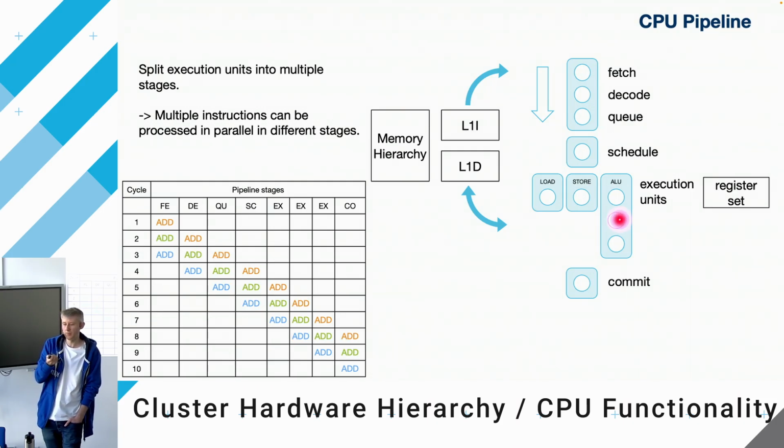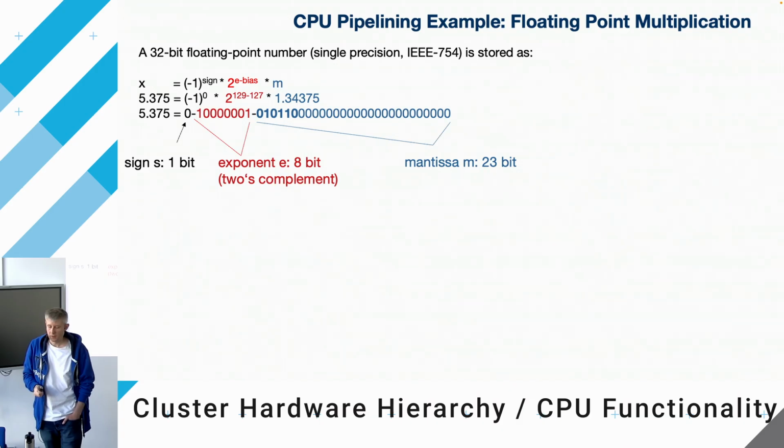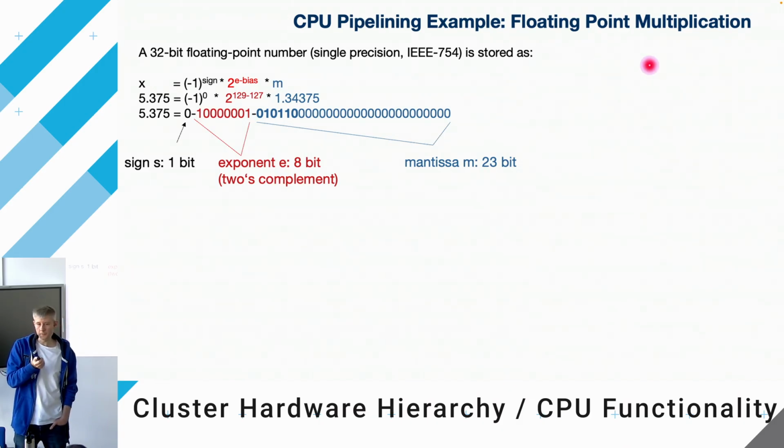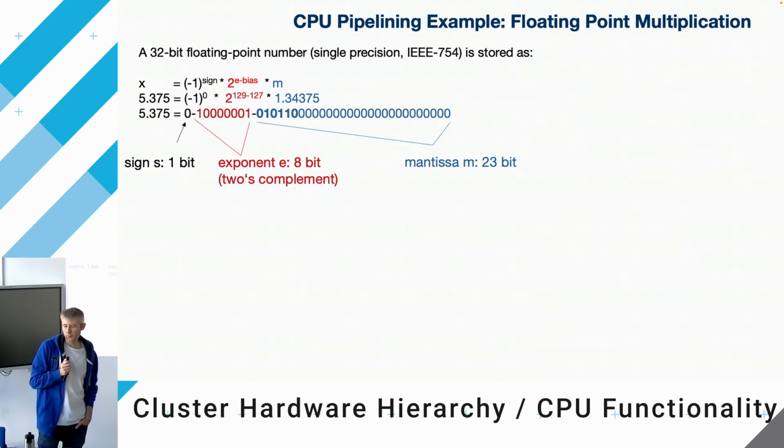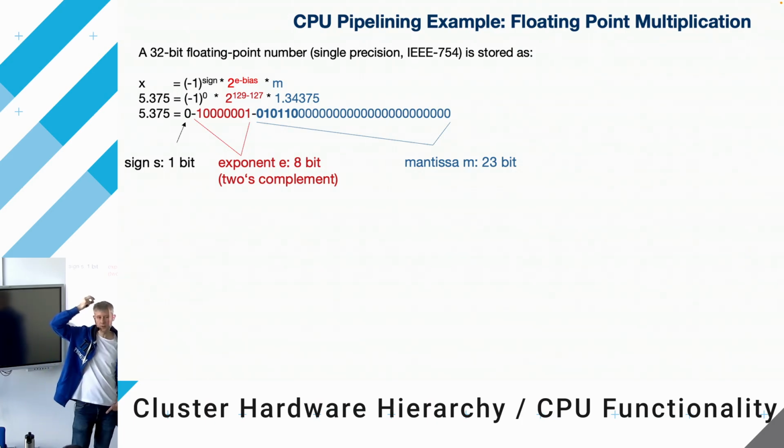Therefore, if we split up this execution into multiple stages, then we can also fit multiple instructions into this execution unit. And here is another example for this kind of thing. It's floating point multiplication. And floating point numbers are more complex than simple integers.